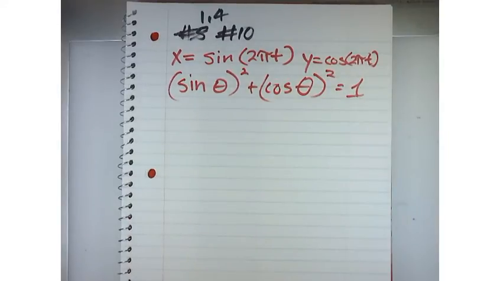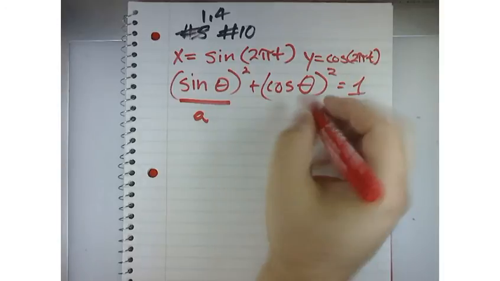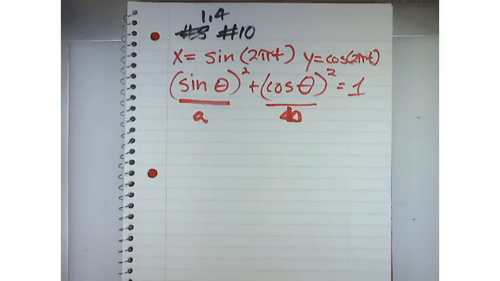Now sometimes if it is an ellipse, we might even have something over A and then something over B, right? That's usually the case when you have sine and cosine.